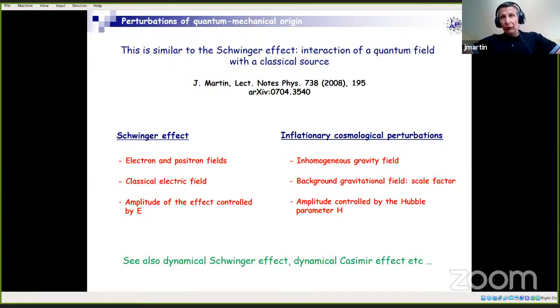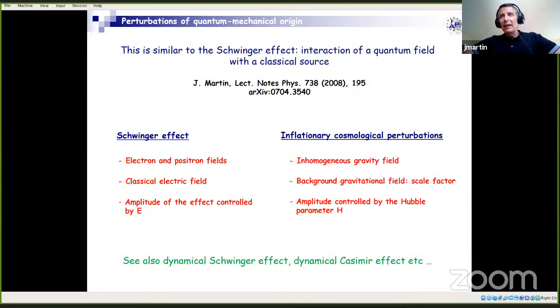So if inflation is true, it means that all the structures that we observe in our universe, the galaxies, the CMB anisotropies, are nothing but quantum fluctuations. And all that is taking place at very high energy, possibly 10^15 GeV.